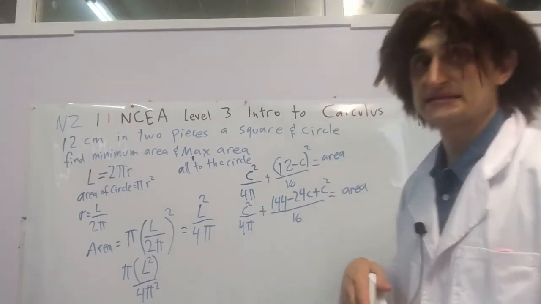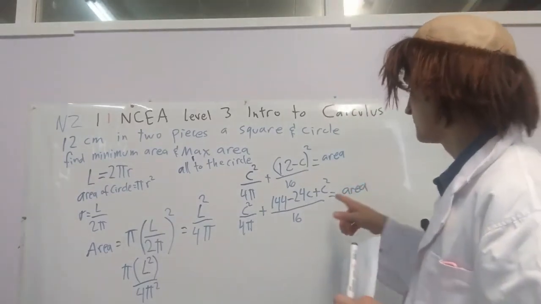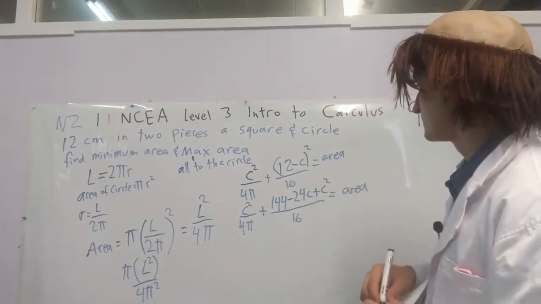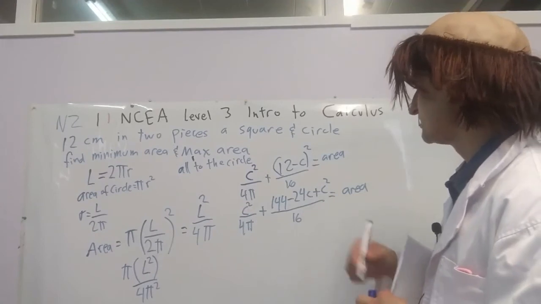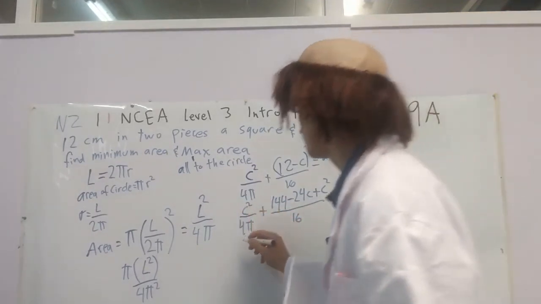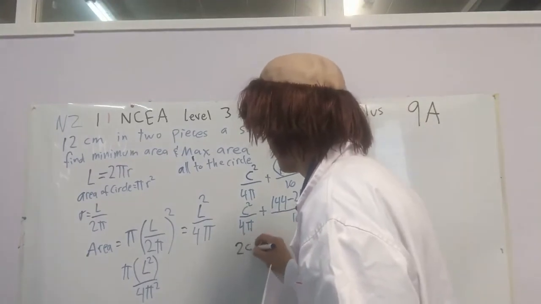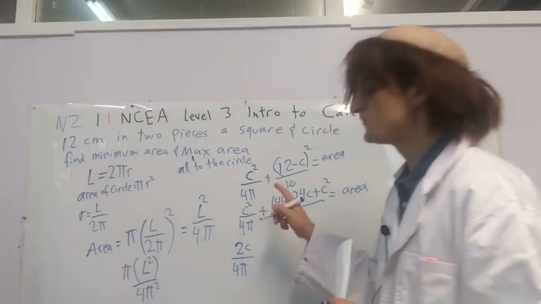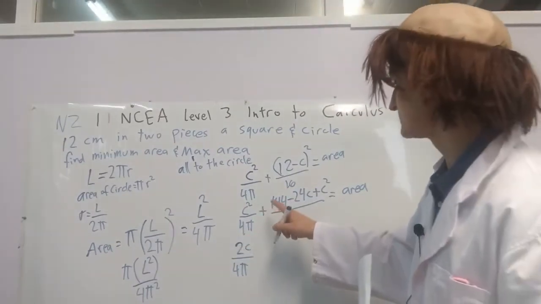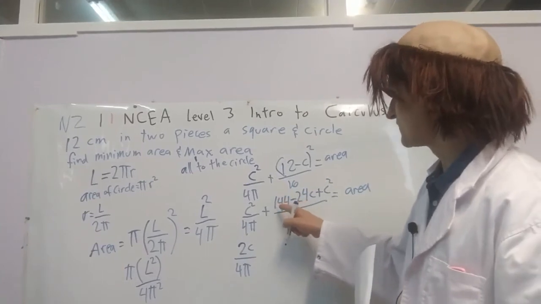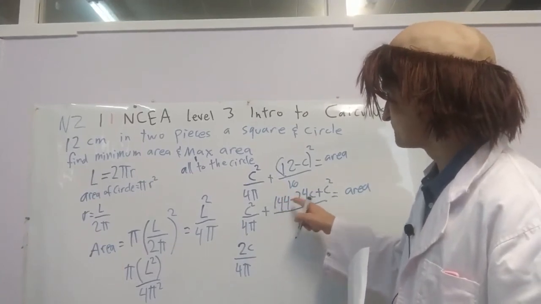Now our next step is to differentiate. We can go right ahead and differentiate. This comes right out in front. We get 2C over 4 pi. We differentiate with respect to C. The derivative of this here is 0.